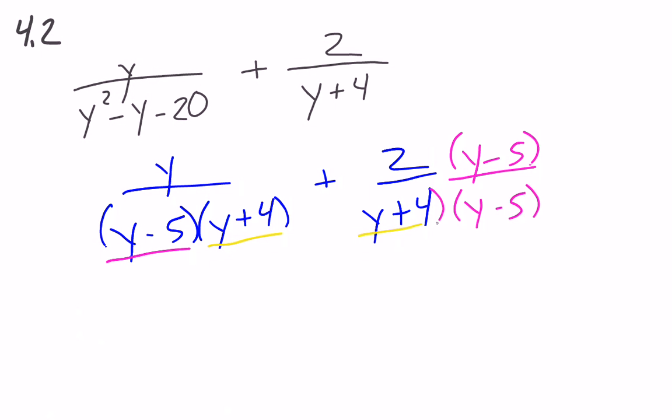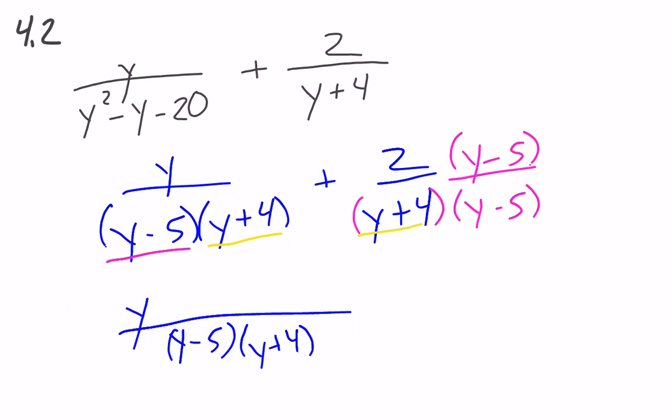And I'm going to leave my denominator factored. So that would be y minus 5 times y plus 4. My first fraction is just y in the numerator, and then I would have 2 times y, which would be 2y, 2 times negative 5, which would be negative 10.